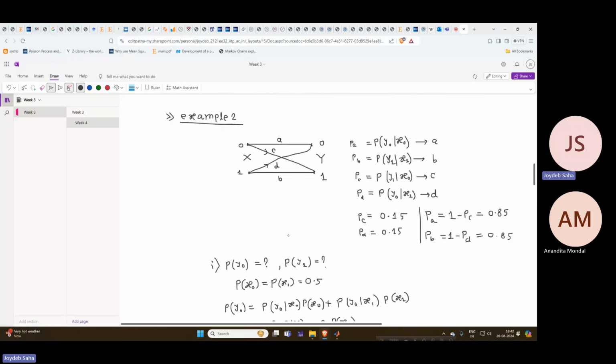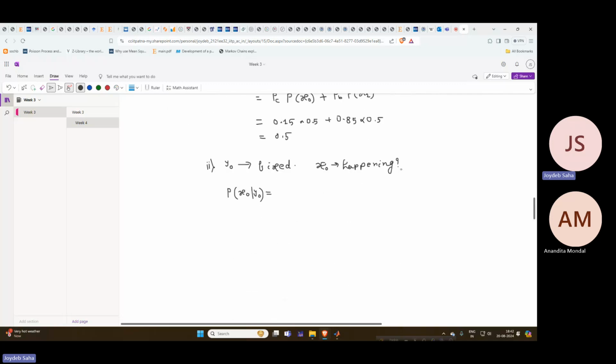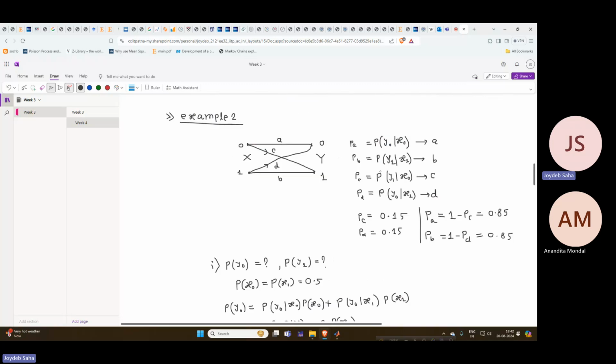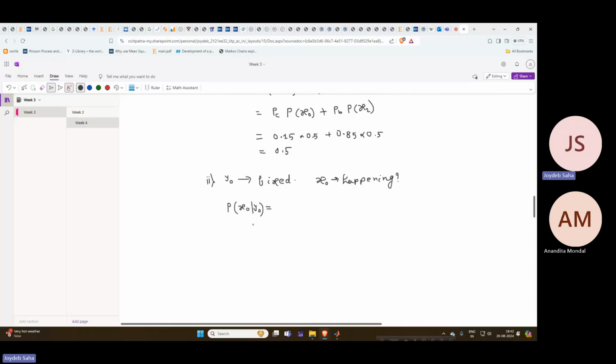And we have already discussed that these are our values. So we have probability of y0 upon x0, but we have to calculate probability of x0 upon y0. How to calculate?